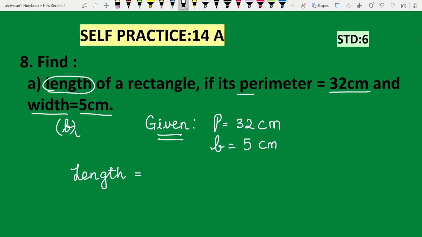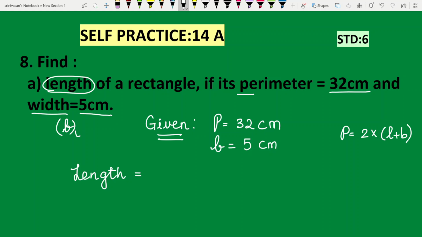Do you know that? And there is a short method to find out the formula to find length of a rectangle. Do you remember the perimeter of rectangle? Yes, perimeter equal 2 into L plus B units.